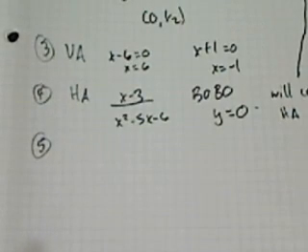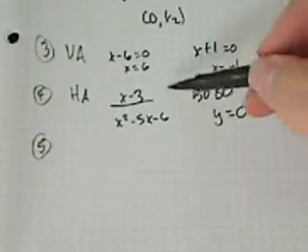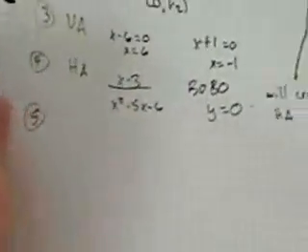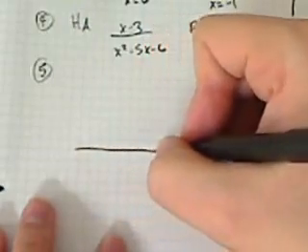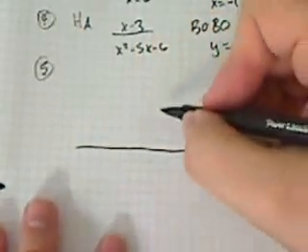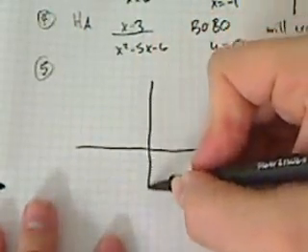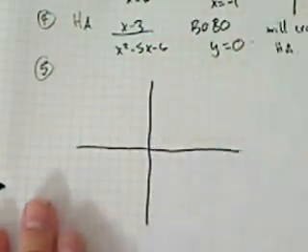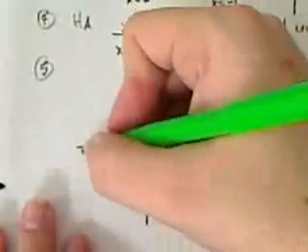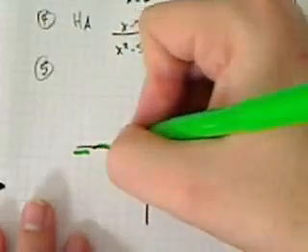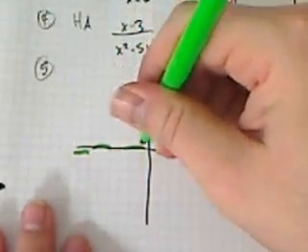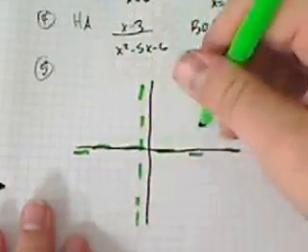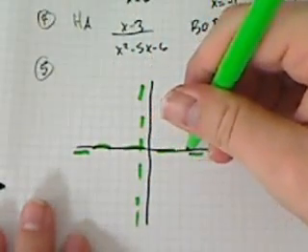So we're not going to have any oblique or slant asymptote, due to the fact that it's not bigger on top. So now when we go to graph the function, we have a horizontal asymptote at y equals 0, and vertical asymptotes at x equals negative 1 and positive 6.